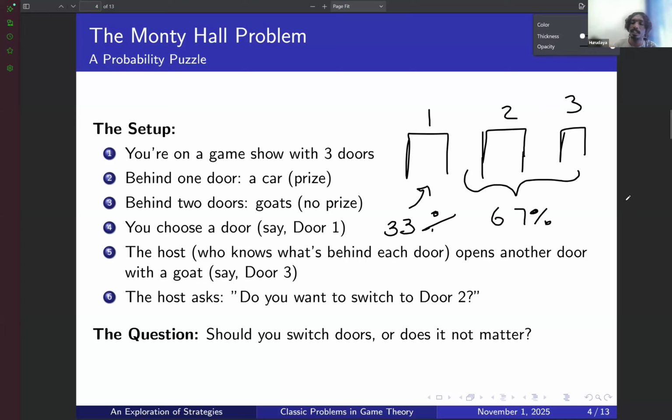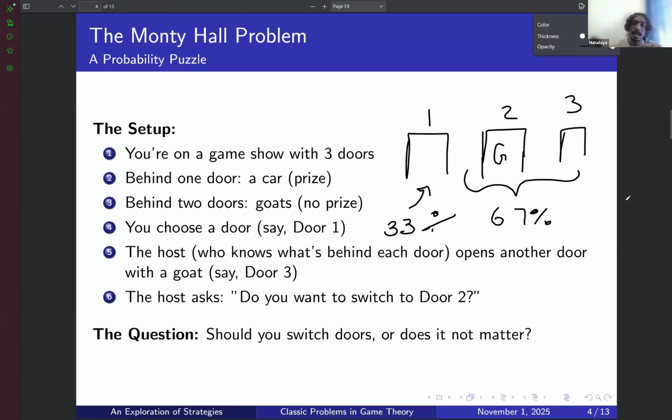Now if this is a car, then both of these are goats, so we're fine. And if this is a goat, one's a car and one's a goat, so we're fine, right? Yes, sir. So what we're saying is there'll be a goat in at least one of them, right? Understood. The game show host knows that there's a goat behind two, right?